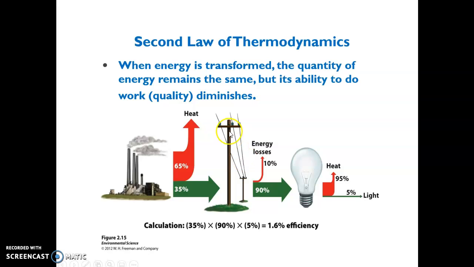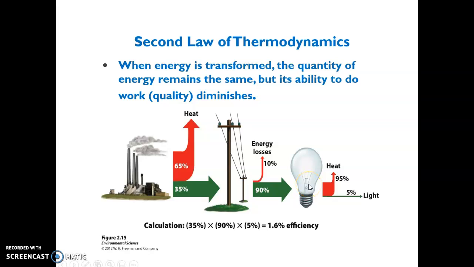Then when you move to the energy flowing through the power lines, depending on their distance, they have average losses of about 10%. So it doesn't lose quite as much going through the power lines. So 90% of that goes directly to the appliance or whatever you are operating. So then you multiply your original 35% by your 90%. And the efficiency of this last item, in this case an incandescent light bulb or an old-fashioned light bulb, is really important.